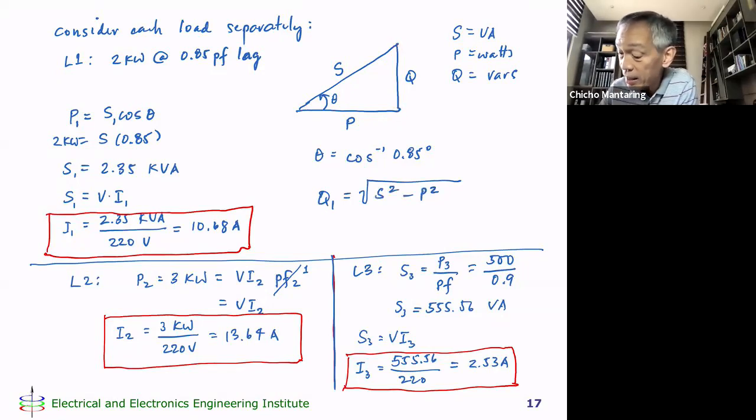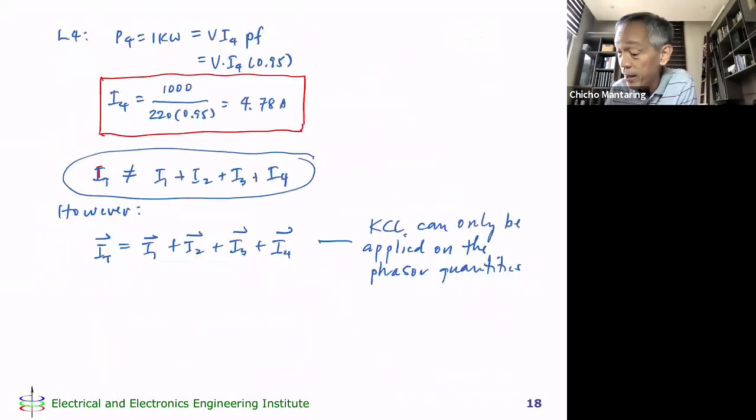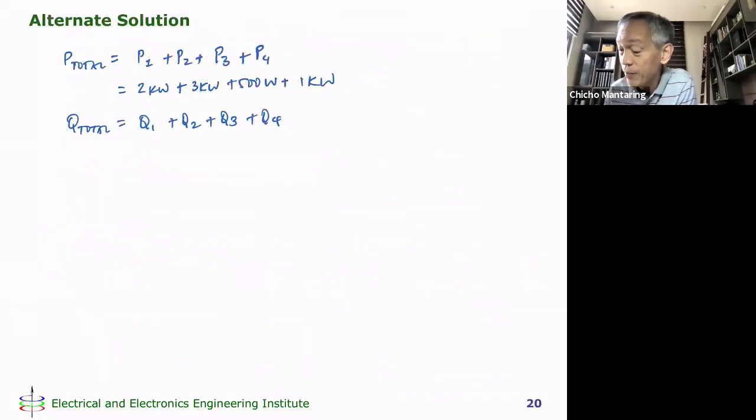I know my S, ito yung value ng S, 2.35 kVA, so 2,350. I know my P, my P is 2,000. I can get my Q1. I can do that for L1, L2, L3, and L4. So what will this give me?